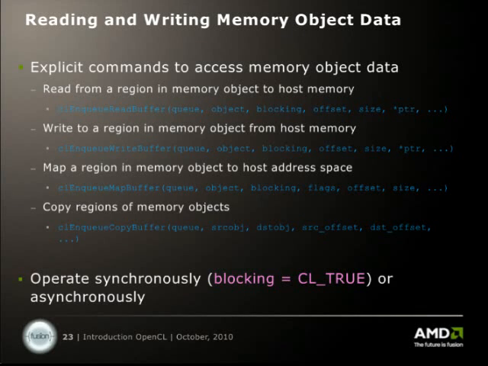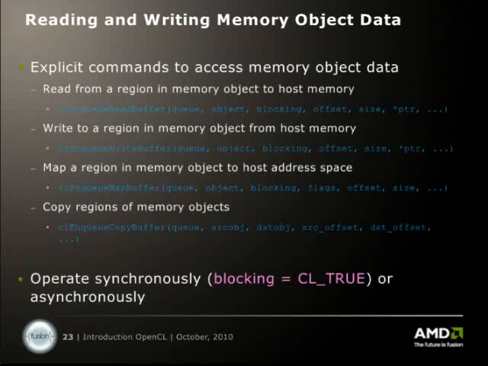And you can copy data as well. So there you can copy from buffer to buffer. Now, of course, if the data is just on one device, then it may not need to come back to the host at all. It can use the data transfers on the device itself. So there may be some benefits there. In general, all enqueue commands are asynchronous, so they'll return before the command is completed, potentially.